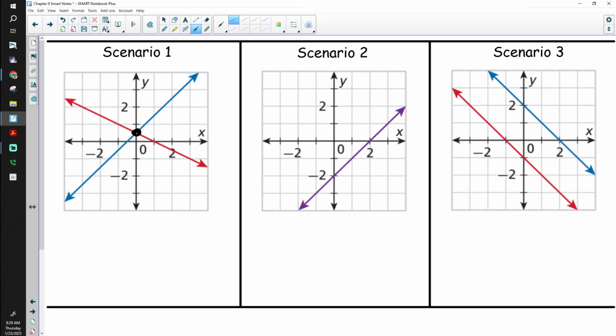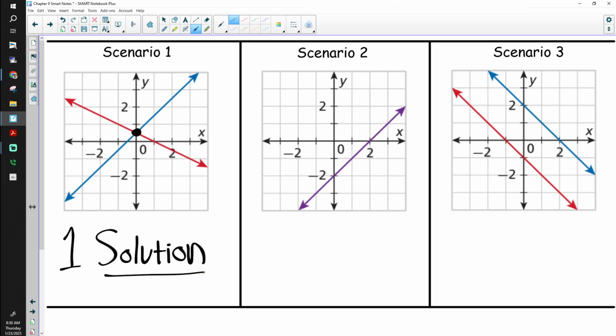The first scenario is our system has one solution. This is the most common. There is only one spot where these 2 lines intersect, and they'll never intersect again.